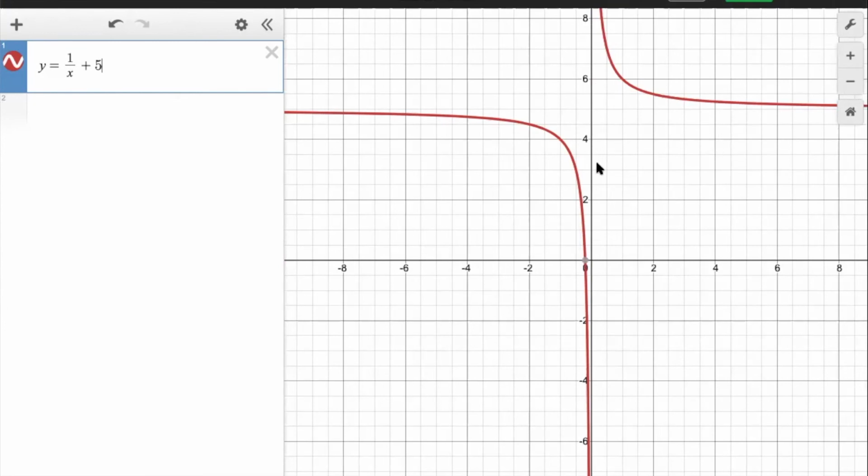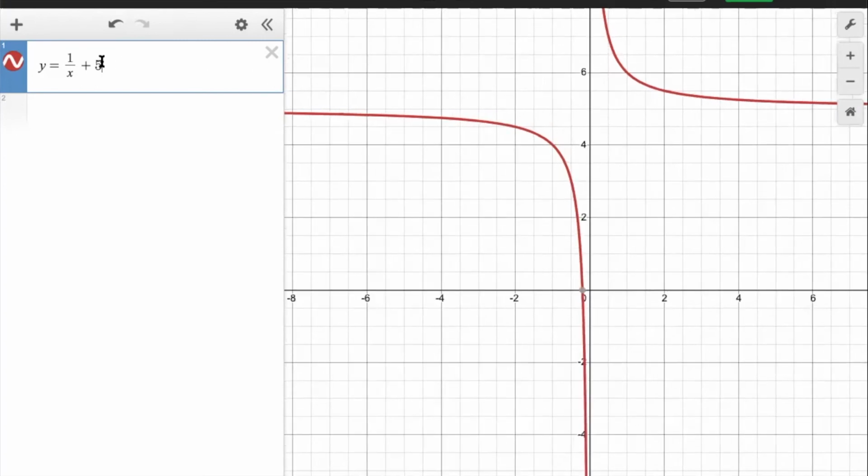So now we can see that our horizontal asymptote, instead of being at 0, is now up here at 5. So we can tell where our horizontal asymptote is by this value that's added at the end of our function, and our vertical asymptote is where our function will yield a 0 in the denominator.